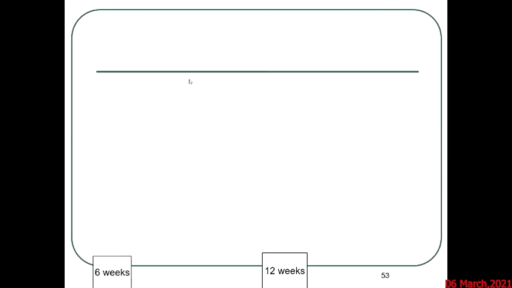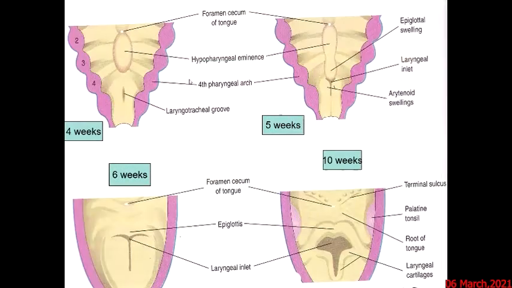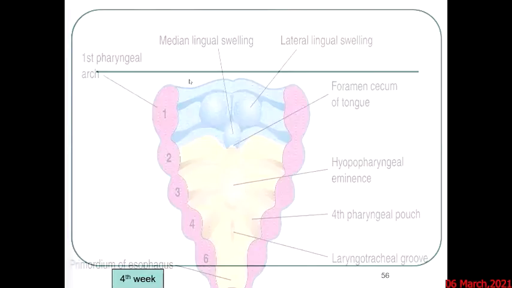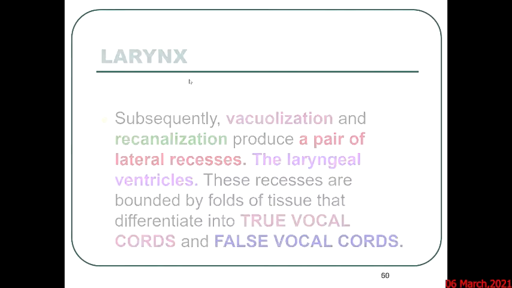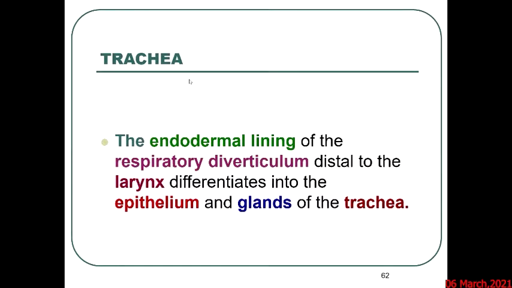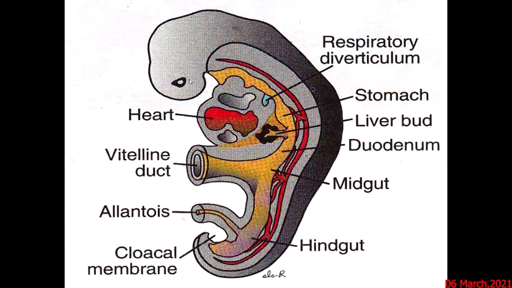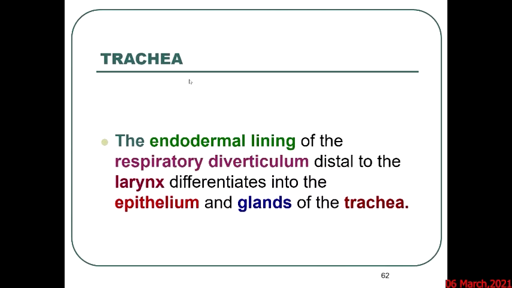Today we will start the development of trachea. Just a recapitulation. Earlier, we finished larynx and laryngeal atresia, and now we will start trachea. About trachea, gross anatomy: trachea starts at the lower border of the cricoid cartilage at the level of the 6th cervical vertebra. Okay, do you remember this?